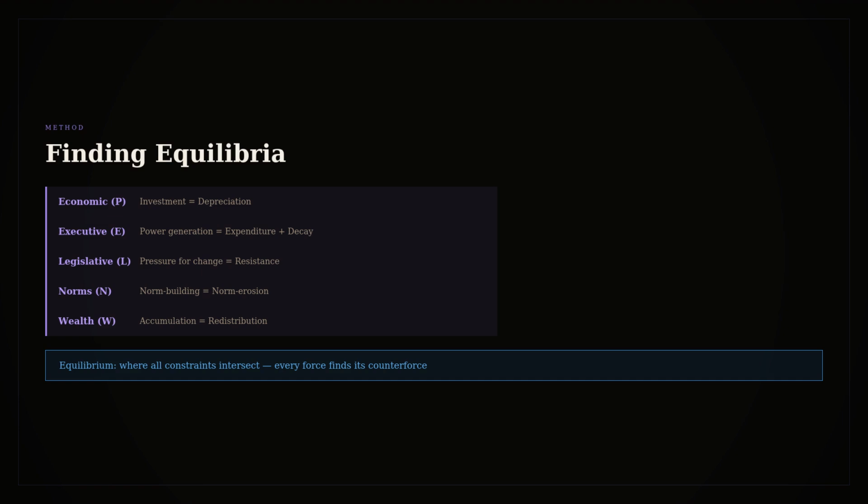Given the parameters, this pins down a relationship between P and other variables. Move to the executive sector. E is constant when power generation equals power expenditure plus decay. This creates another constraint. The legislative sector at equilibrium means pressure for change equals resistance to change. L settles where political forces balance.